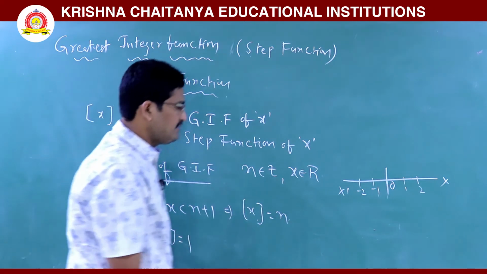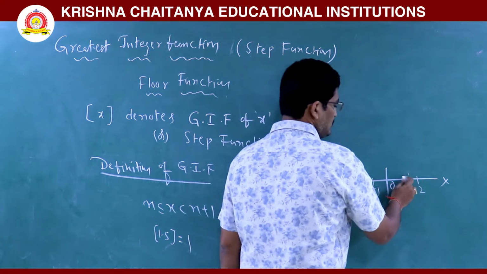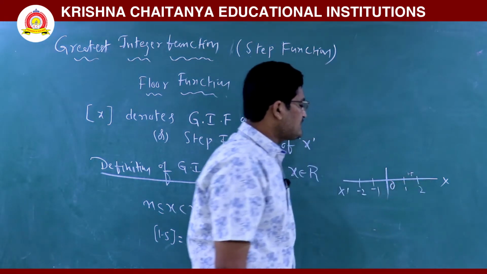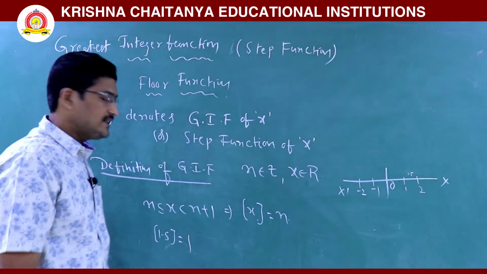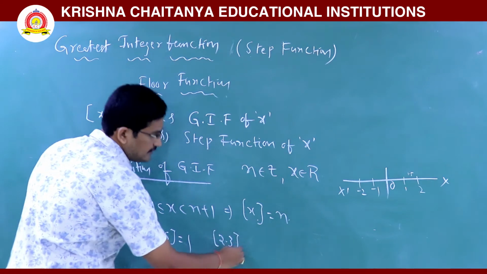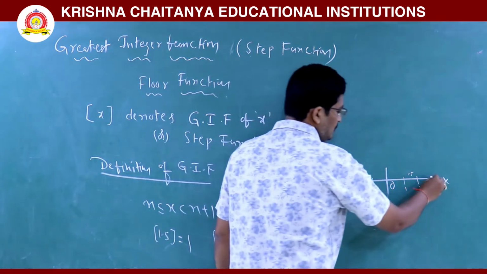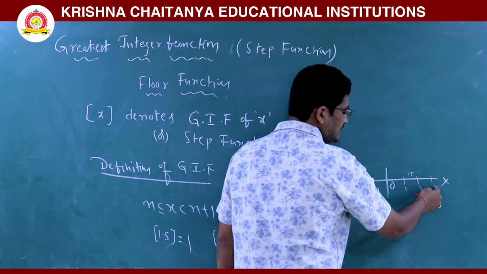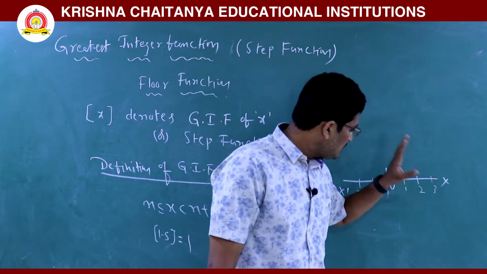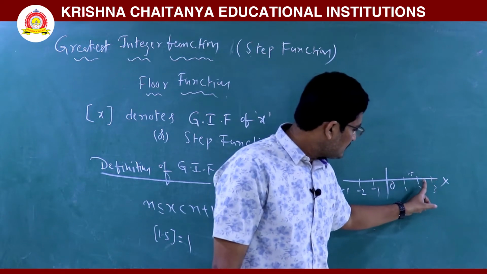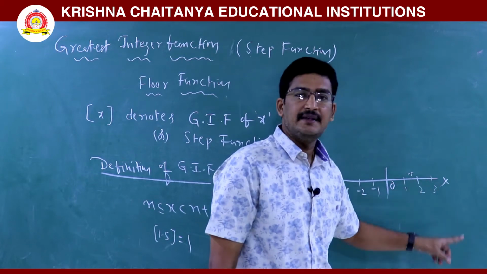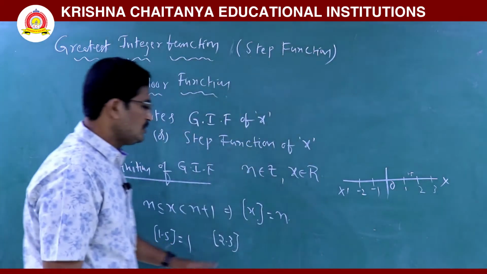In a similar way, what is step of 2.3? 2.3 lies between 2 and 3, which are consecutive integers. All values of the form 2.something lie between 2 and 3. Therefore, step of 2.3 is equal to 2.